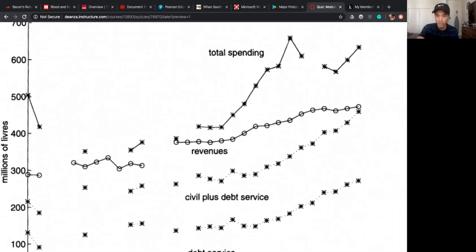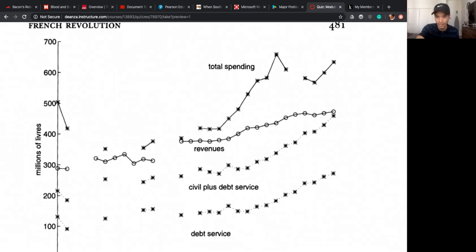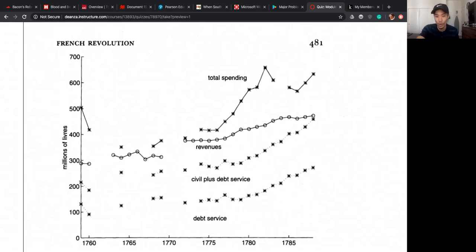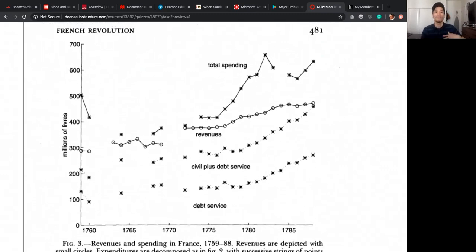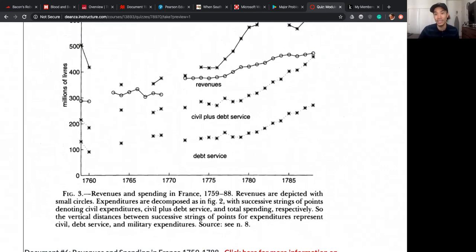Basically, you want the revenue to be higher than what you spend. It's that simple, guys. It's kind of like your paycheck. Every week, you only get paid so much, and when you spend more than that, that's not good. That's called debt. So this graph illustrates the debt that France had accumulated from the 1760s all the way up to the 1780s.